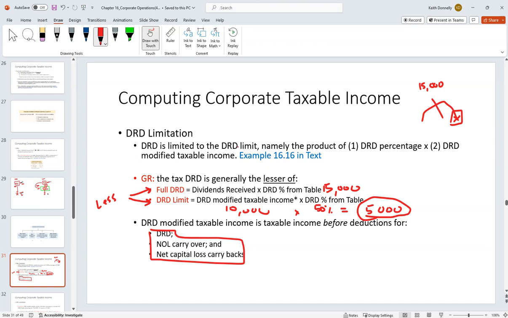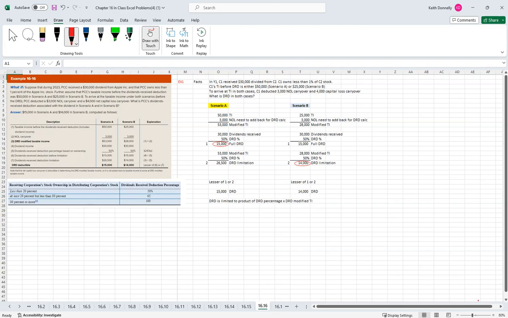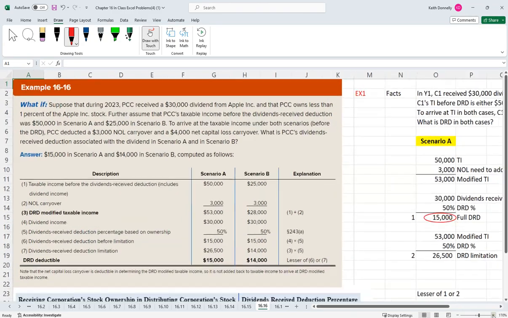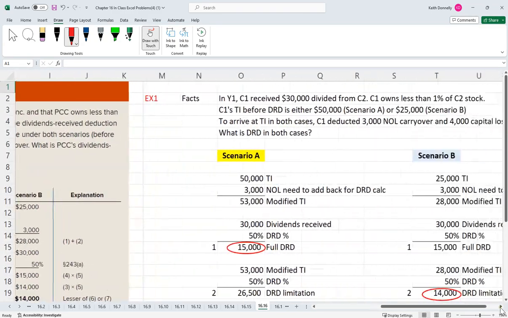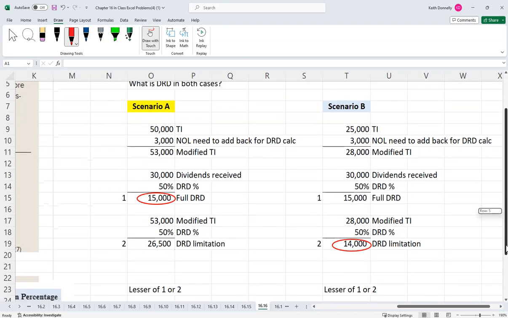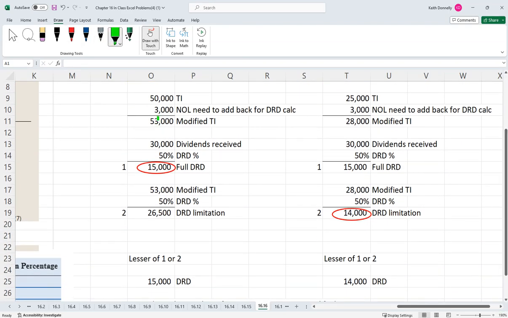So let's look at 16 here. They're saying our modified taxable income is $53,000. There's a $30,000 dividend. In this case, we own 1%.